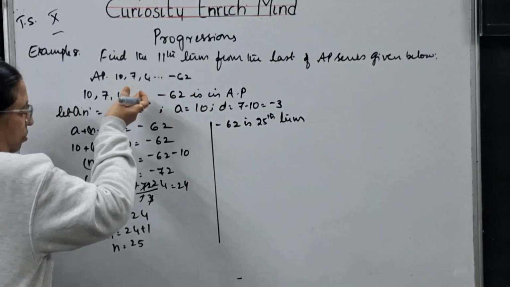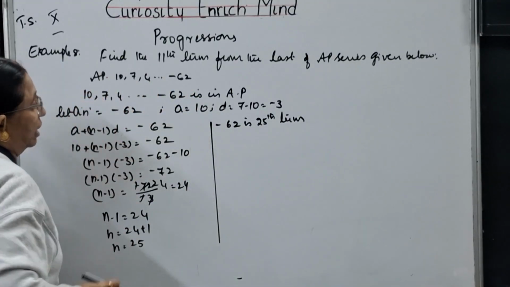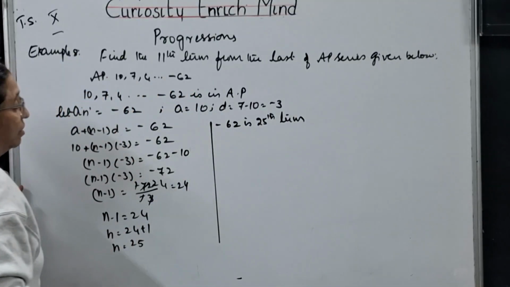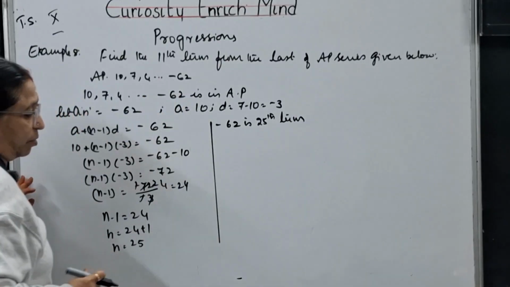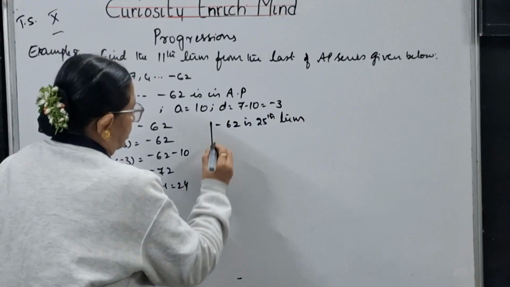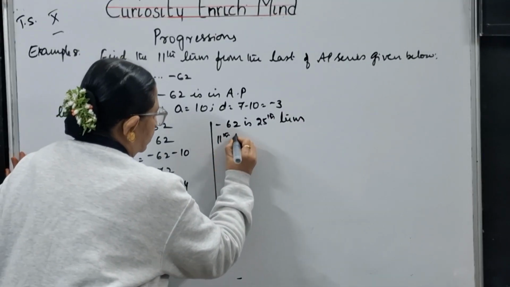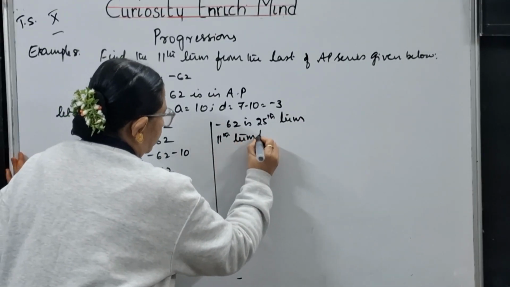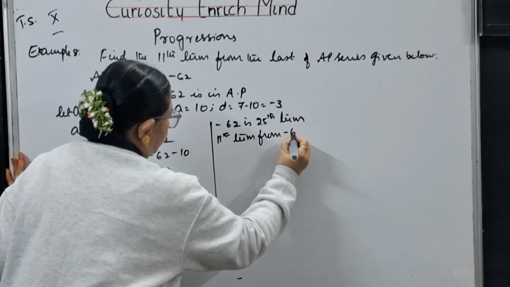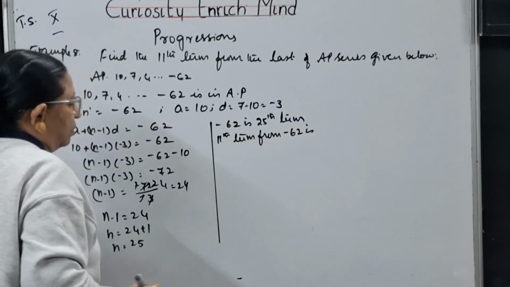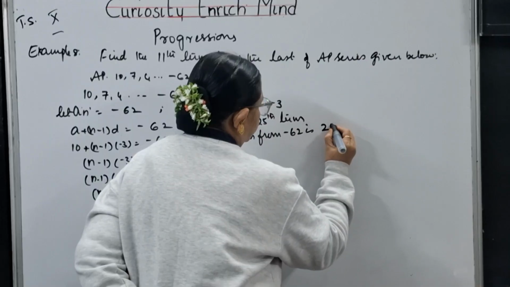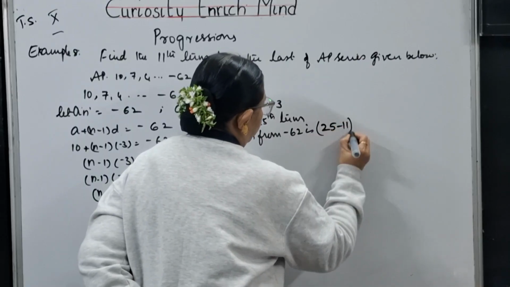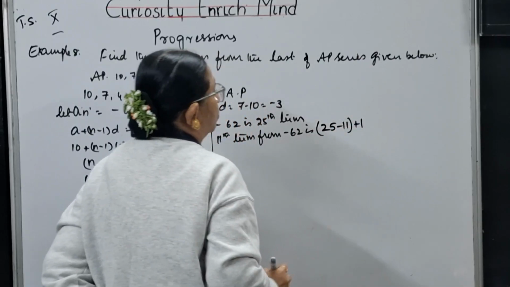From here, you have to count backwards for the 11th term. So what is the 11th term from here? Let us subtract 11 from it. The 11th term from minus 62 is, what will you be writing? It is 25th term minus 11 plus 1 you have to do.